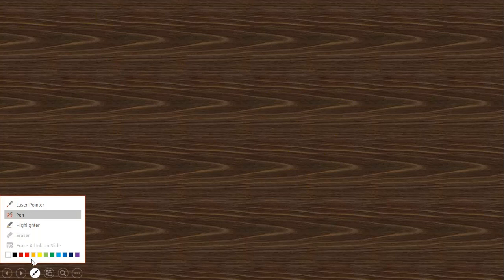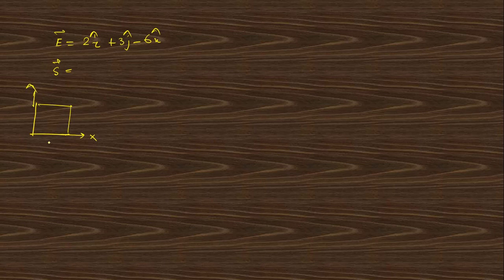For example, suppose there is an electric field 2 i cap plus 3 j cap minus 6 k cap, and the area is on the xy plane with side A, so the area is A square. Since this is the x and this is the y axis, the perpendicular is the z axis, that is k cap.